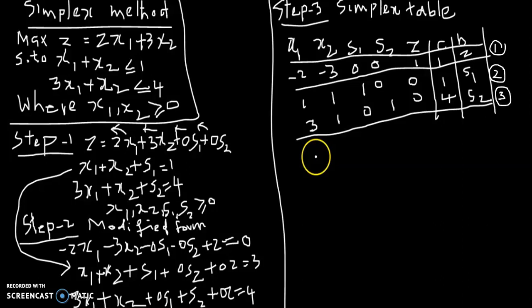Now the next step, step 4, is the test for optimality. What is optimality? Our problem here is a maximization problem. Am I correct? In the maximization problem, all the entries in the Z row should be positive.